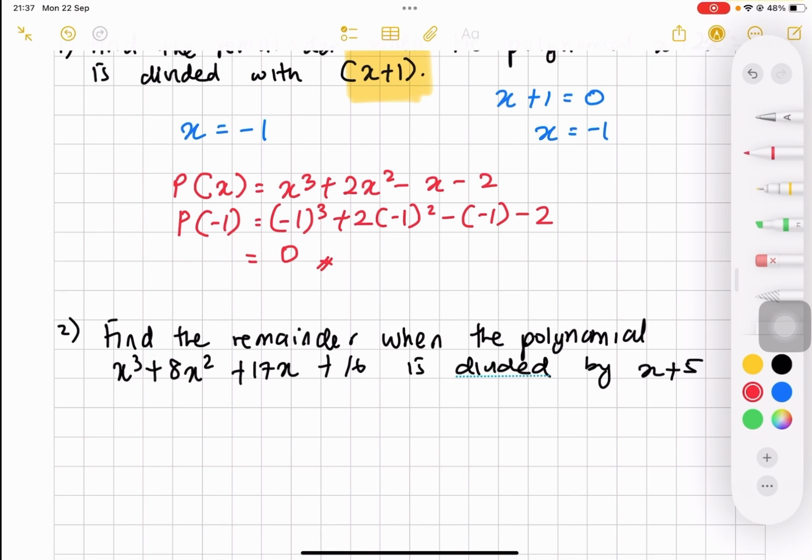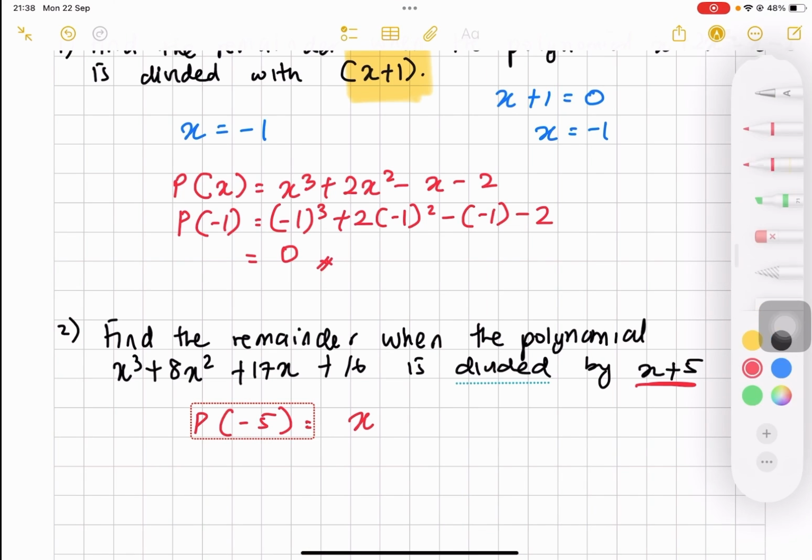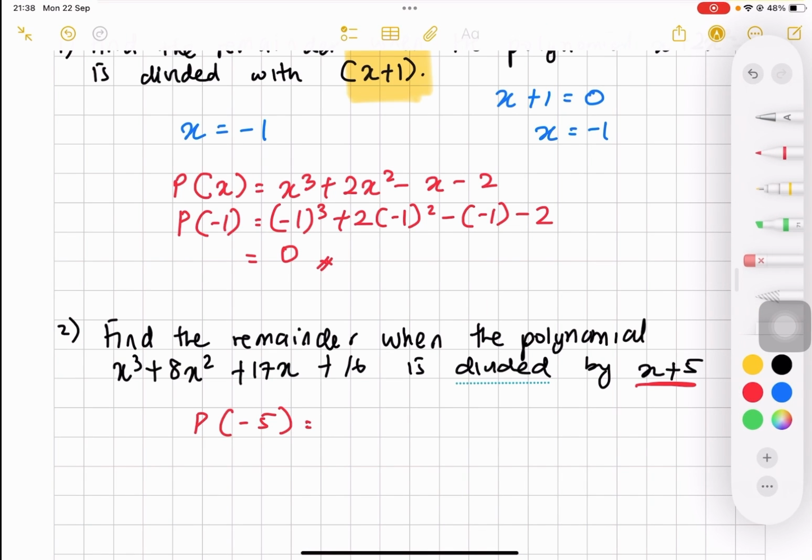Now do the same method. You plug in your x, so now your x is negative 5. So p(negative 5): I just substitute negative 5 into your x. Negative 5 cubed plus 8 times negative 5 squared plus 17 times negative 5 plus 16.